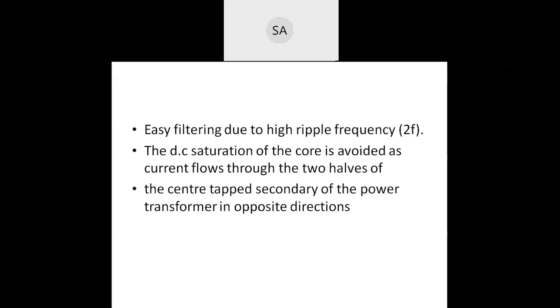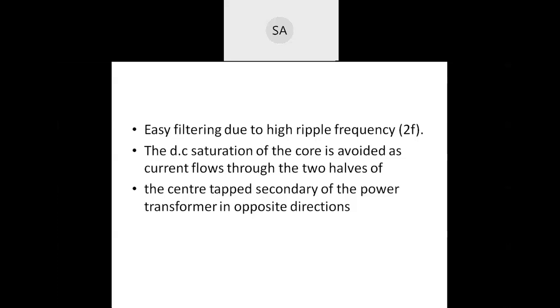During both the positive and negative half cycles it is conducting, and you get a continuous DC output. In the half wave rectifier, we conduct only during the positive half cycle, and in the negative half cycle there is no output, so the ripple frequency is only f. But in the center tapped full wave rectifier, the ripple frequency is twice the input frequency, because you get output during both the positive and negative half cycles.